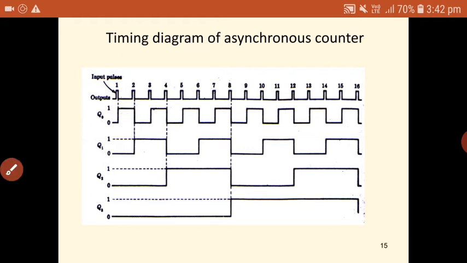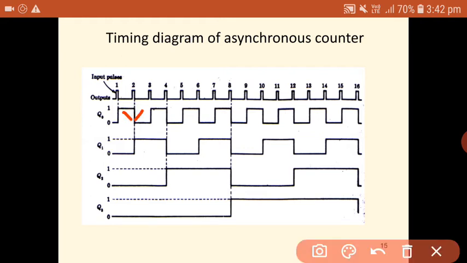Only then will the Q1 output change its state. So at these instants of time only the Q1 output will be changing.